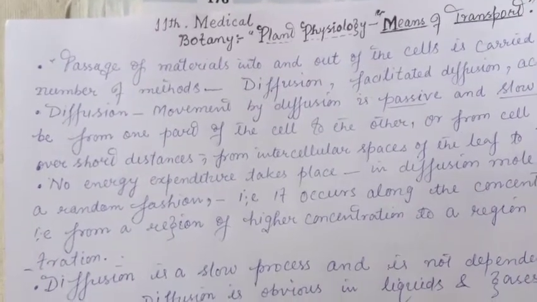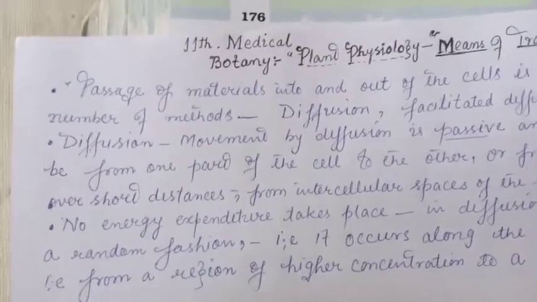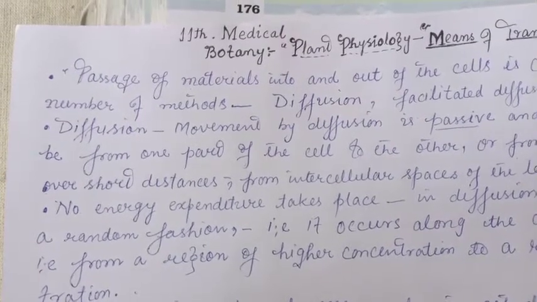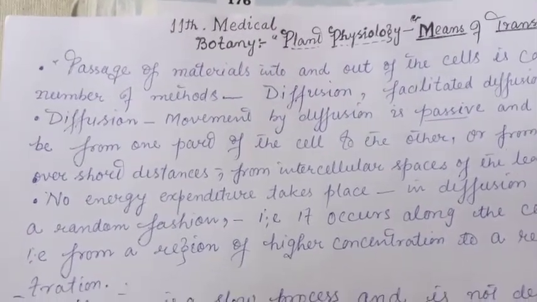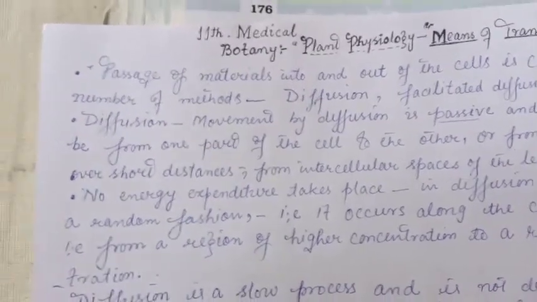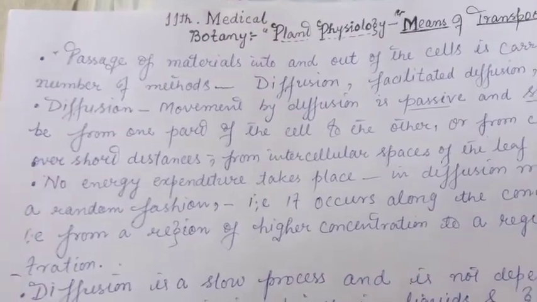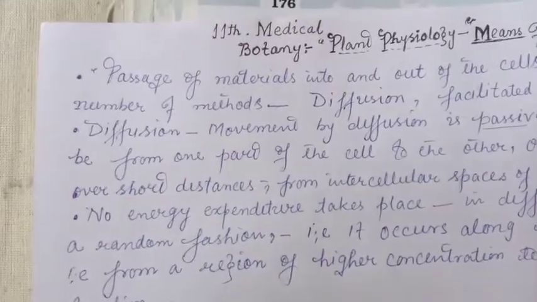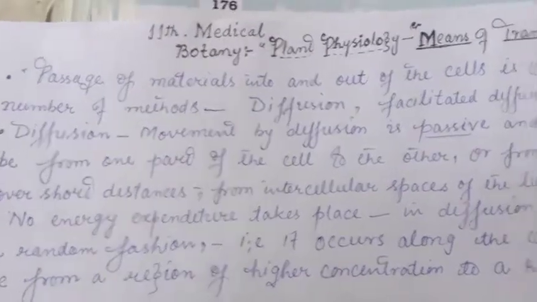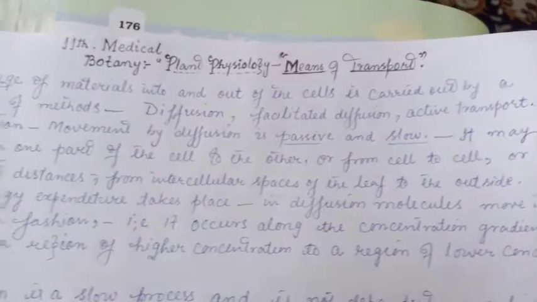These were the simplest of the definitions for diffusion, but here we have to deal with the movement of molecules in solid or gaseous form within the plant body or within the cellular systems, and here diffusion may have a definition like this: the movement by diffusion is passive and slow.